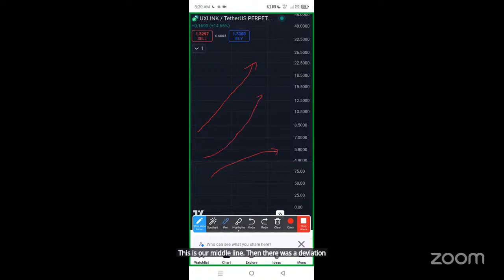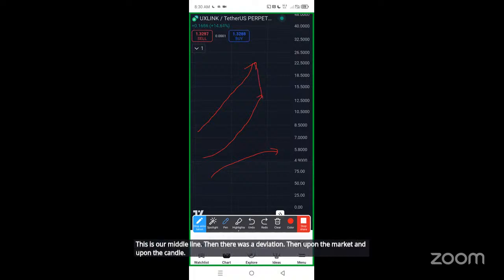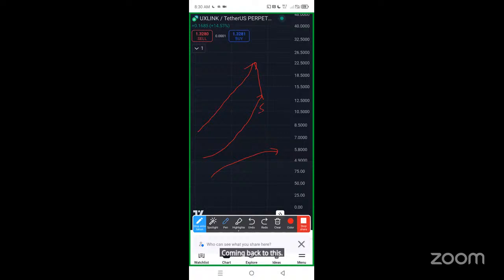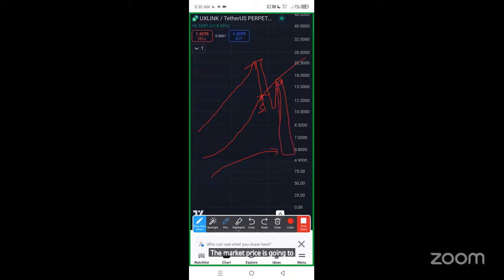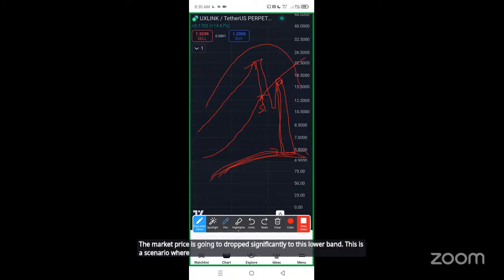Then upon the candle coming back to this support line, which is our middle line, in an attempt to retrace, it fails to retrace, but rather breaks below, and then it retests the line. We are going to have a scenario of this nature. The market price is going to drop significantly to this lower band.